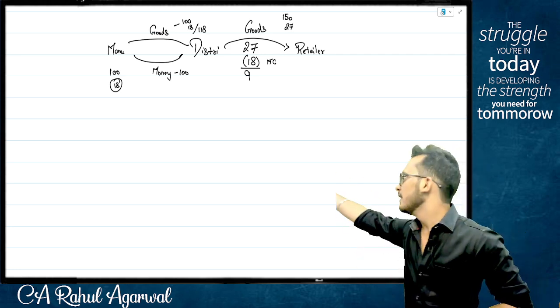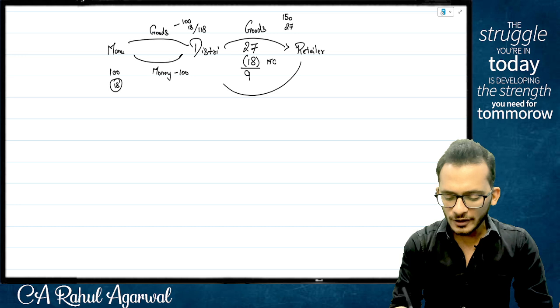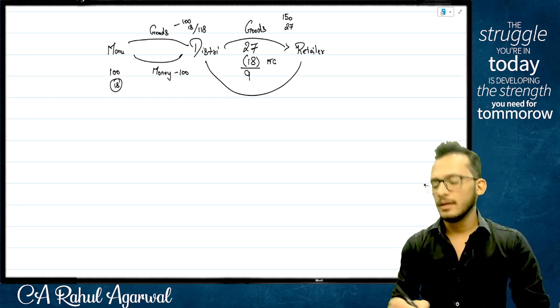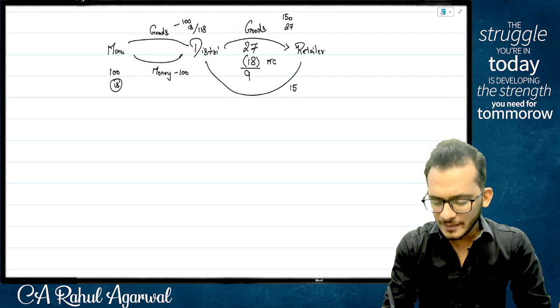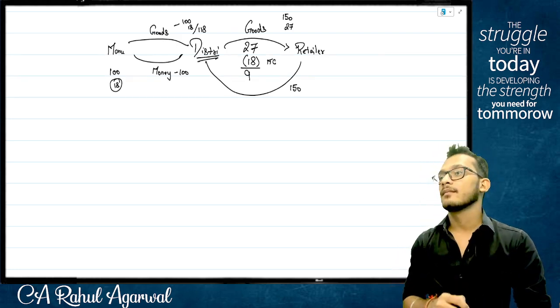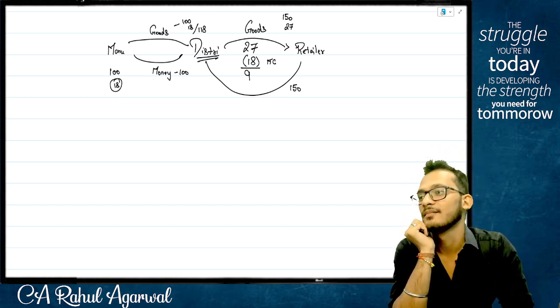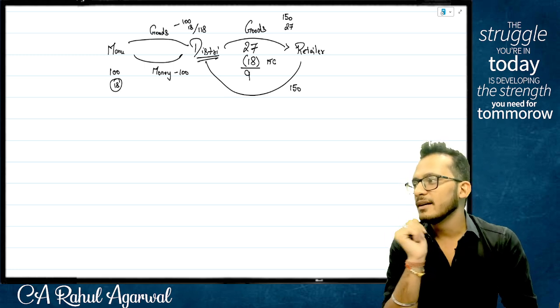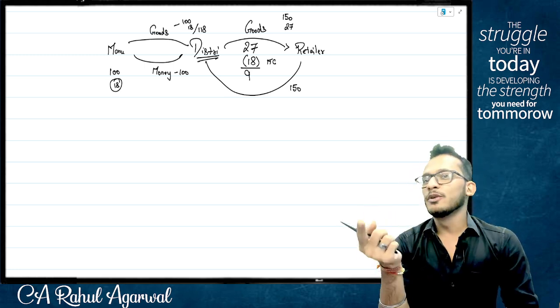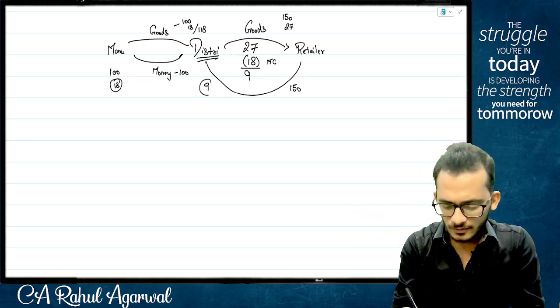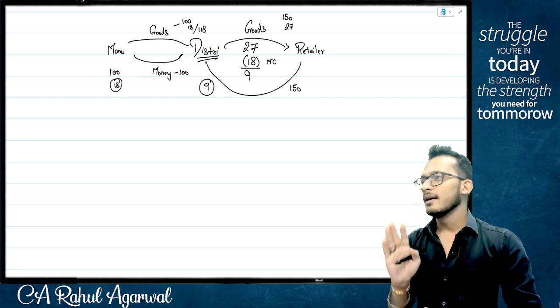Can he shift the burden? I'll ask you a simple question. Now you go to the retailer. The retailer is going to give to the distributor how much? 150. Which means for the distributor, his income is 50. He got 150, he reduced 100, so he paid tax on 50. Correct, not correct? Now ask yourself a question.